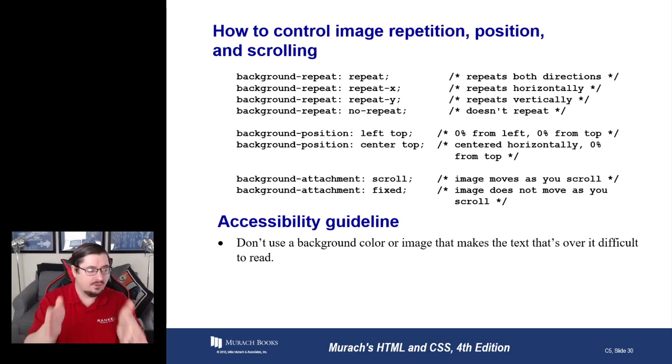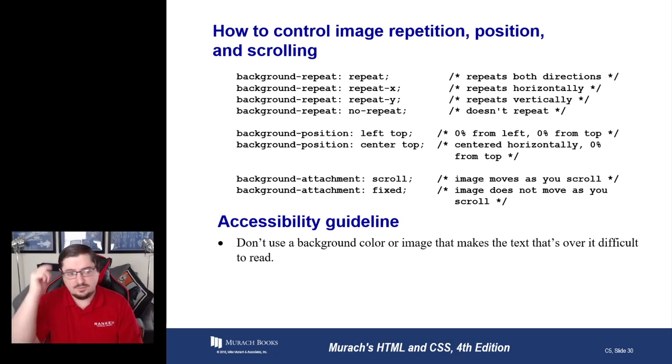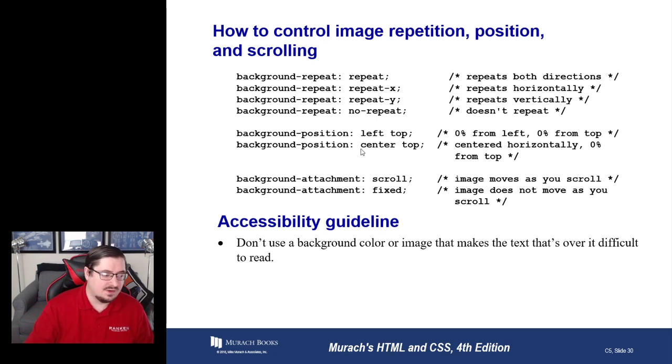So horizontally it'll be in the center, and the top of it would be at the top. And if you're going to set positions like this, especially that second option where you want to center it, you want to make sure that you turn repetition off, especially in the horizontal direction. So you'll probably want to set this to no repeat if you're setting a background position. And then background attachment of either scroll or fixed.